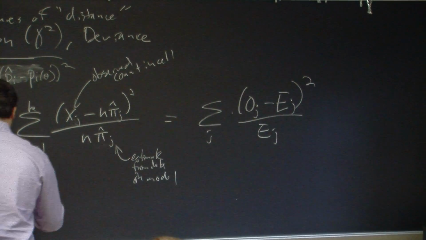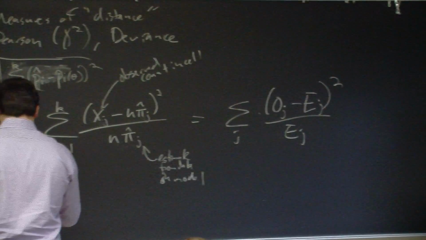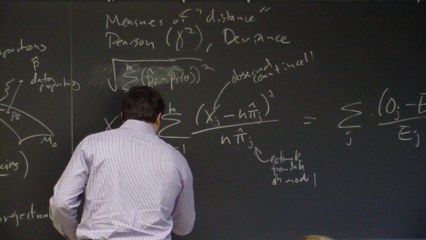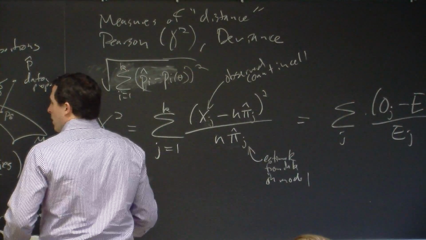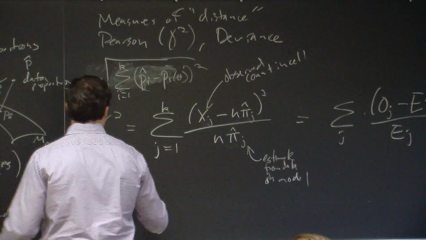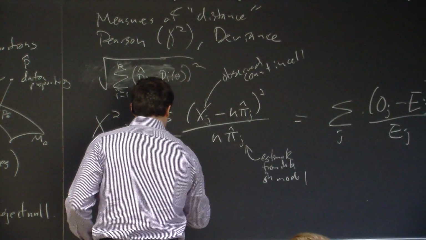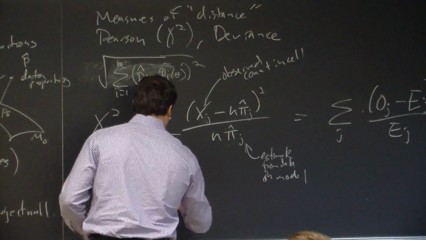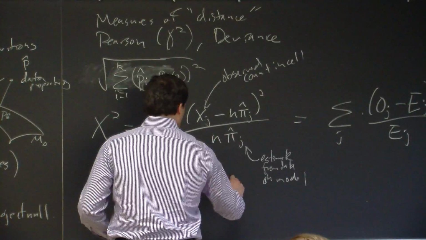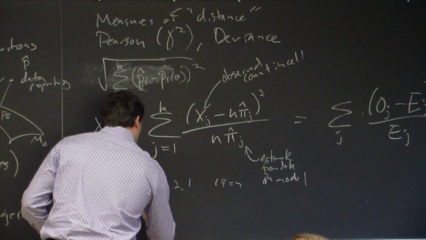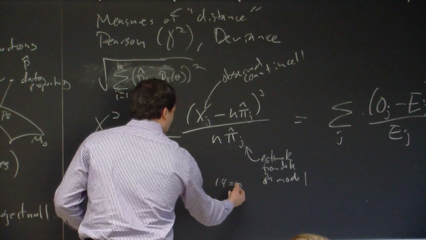So if we have some example, say we had an outcome over here, and it was, I don't know, 5, 6, 2, 1. So I have 14 as n. Then I multiply by 14.